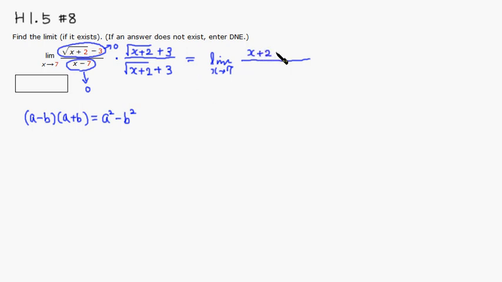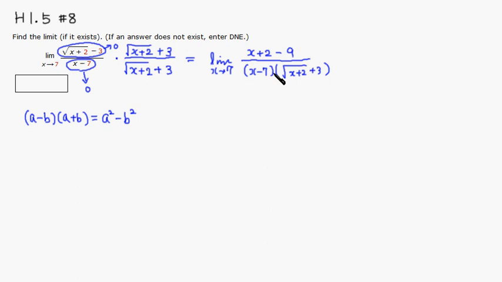Right? Minus b, in this case 3, so 3 squared would be 9. On the bottom we can't do much, so we just write the quantity x minus 7, times the square root of x plus 2 plus 3.